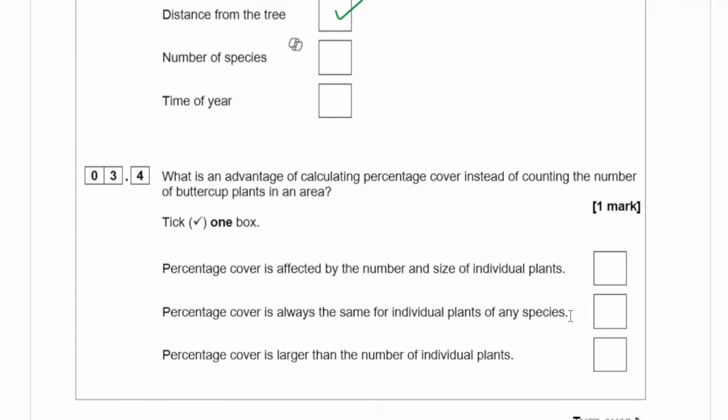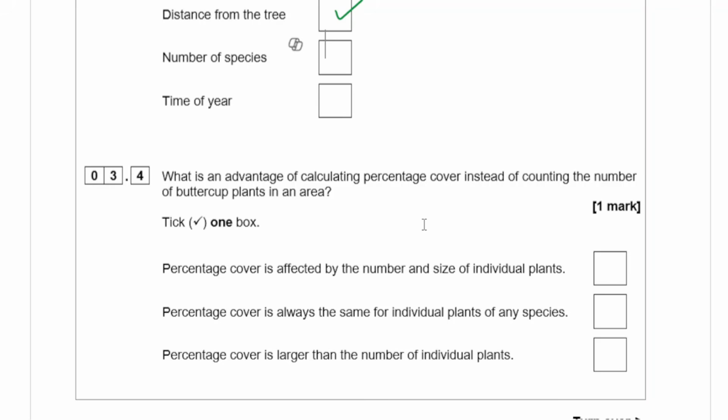What is an advantage of calculating percentage cover instead of counting the number of buttercup plants in an area? Now, counting it, you could make mistakes because you have to be able to recognize the plants properly, and it takes more time. Percentage cover is affected by the number and size of individual plants.